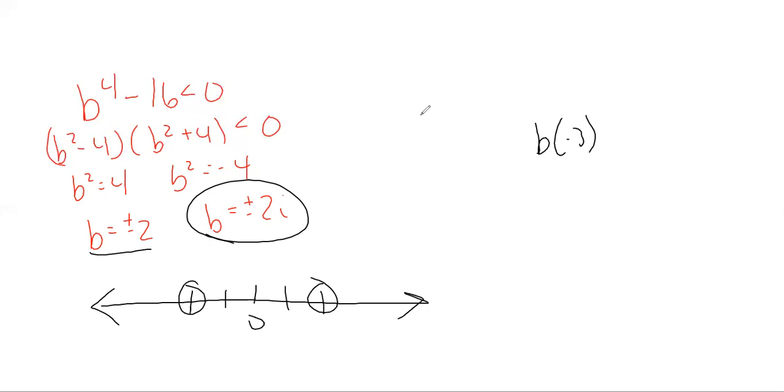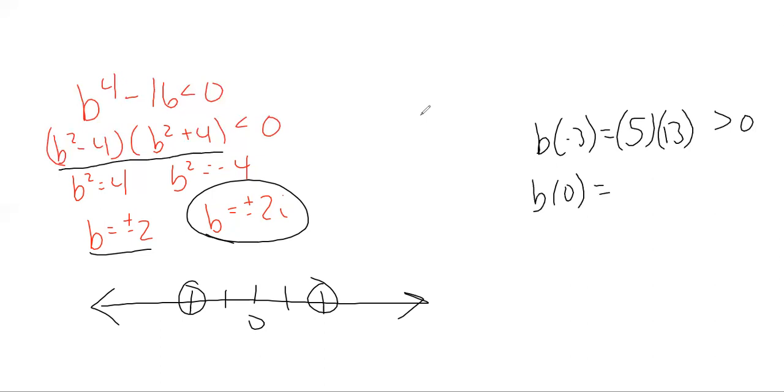So I'm going to put it right here in here. So I have 9 minus 4 is 5. And 9 plus 4 is 13. So it is greater than 0. The second one, put in 0.